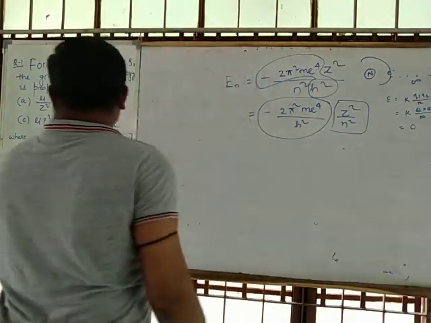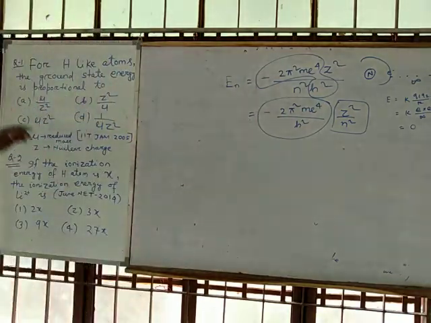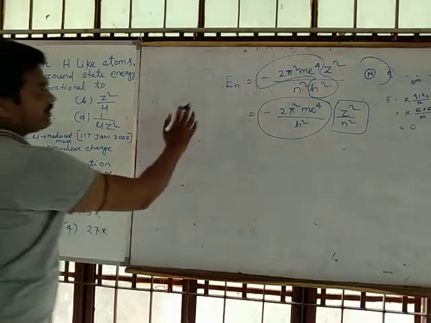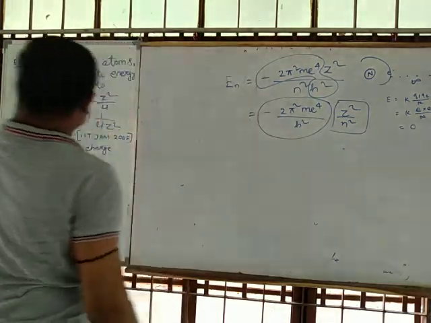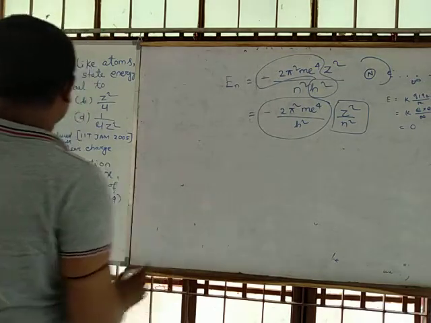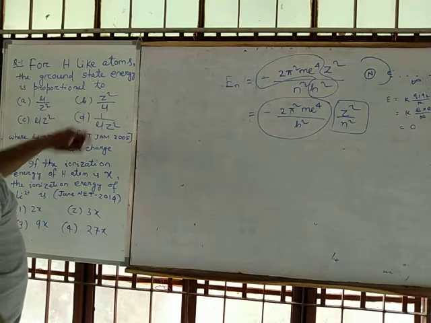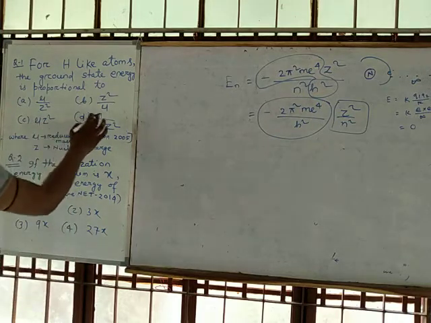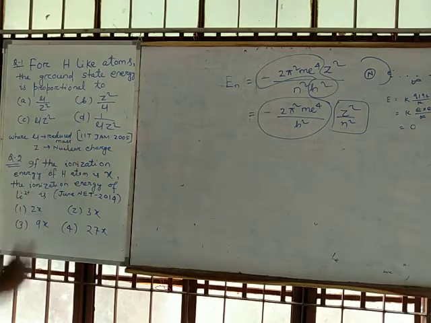So let us solve this problem. For hydrogen-like atoms, the ground state energy is proportional to. According to Bohr's theory, the ground state energy is this. Here it is given as mu Z square, where mu is the reduced mass and Z is the nuclear charge.